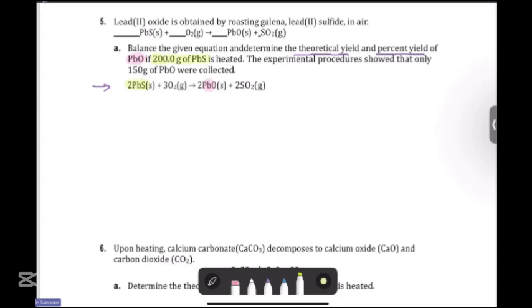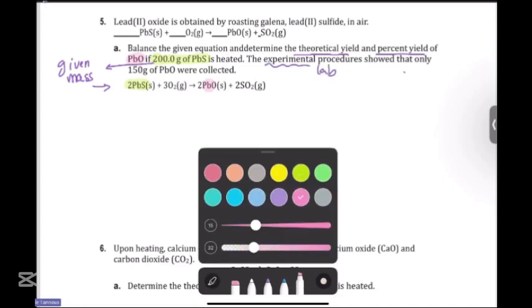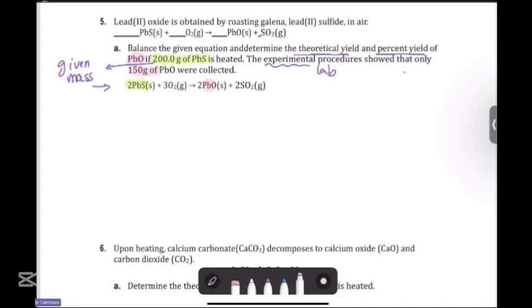So that's a reactant. It means that's the given mass. And the experimental procedures showed, we did it in the lab, showed that only 150 grams were collected. So that is the actual yield. So 150 gram of PbO, and PbO is in the product.